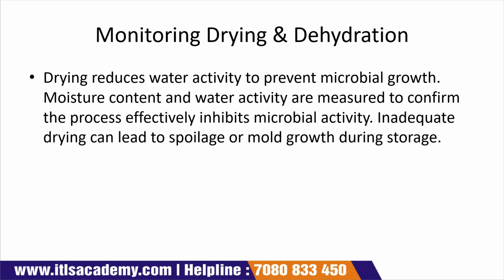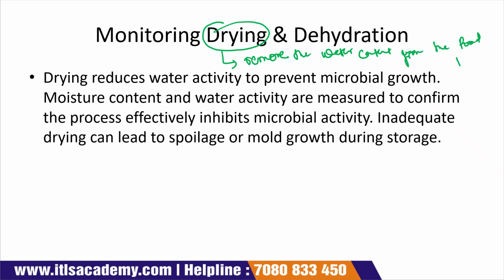Monitoring the drying and dehydration. So when we apply drying, what is drying? Drying means removing the water content present in the food product. When the water content is removed, the moisture content is reduced, the water activity is reduced, and for the growth of microorganisms water is required.